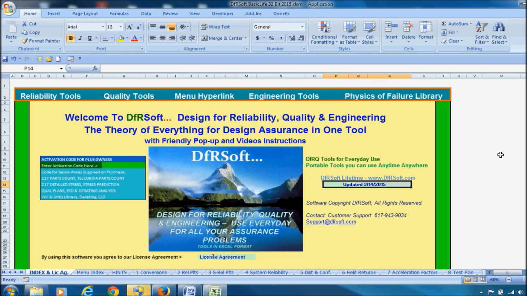And like I said, we believe in the theory of everything, so that you have the tool right there and you can do all the design assurance tasks that you need to do intelligently, and also the things that you don't know how to do, you can learn quite quickly in DfRSoft because we have a lot of instruction videos like this one, and you get all the pop-up instructions, and it's a very friendly software.